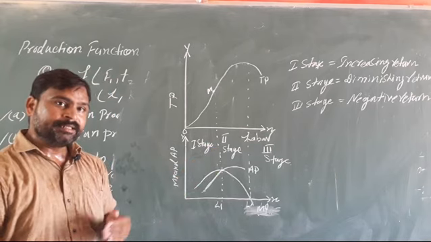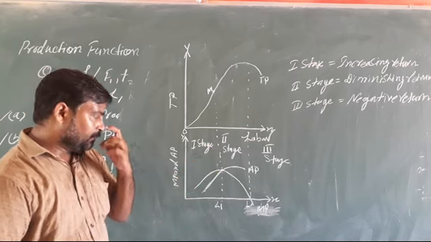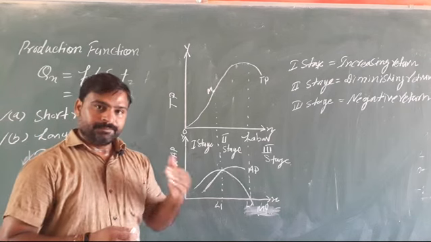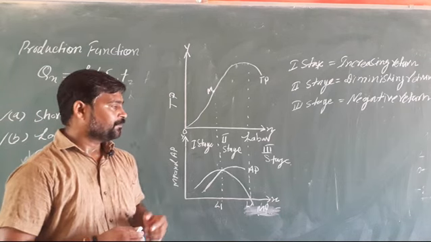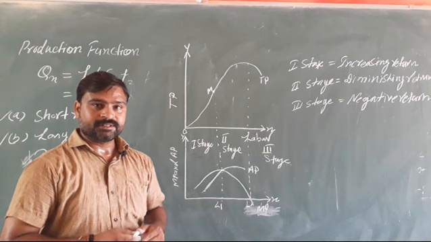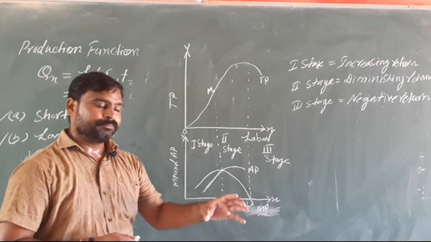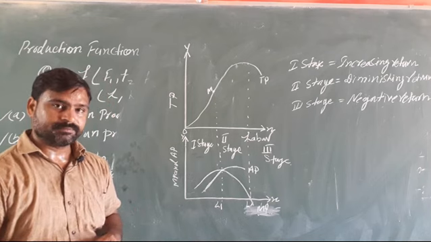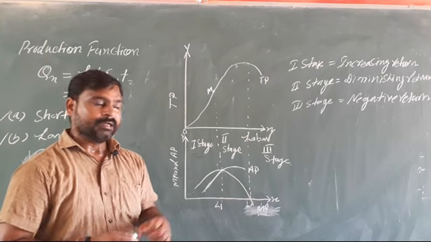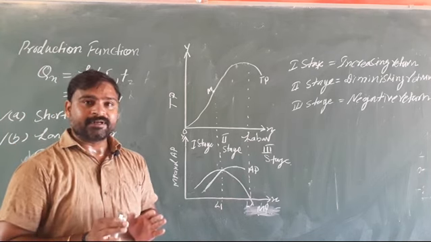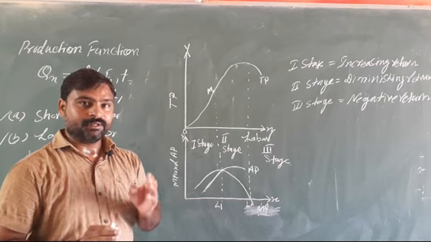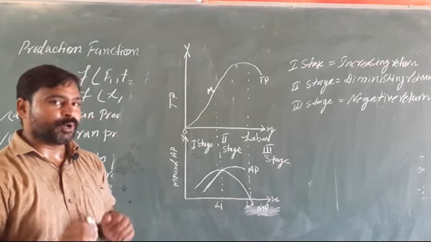Second, where there is a diminishing return, what is the reason for diminishing return? The main reason is imperfect suitability of the substitute factor of production, or you can say imperfect substitutability of the fixed factor of production.